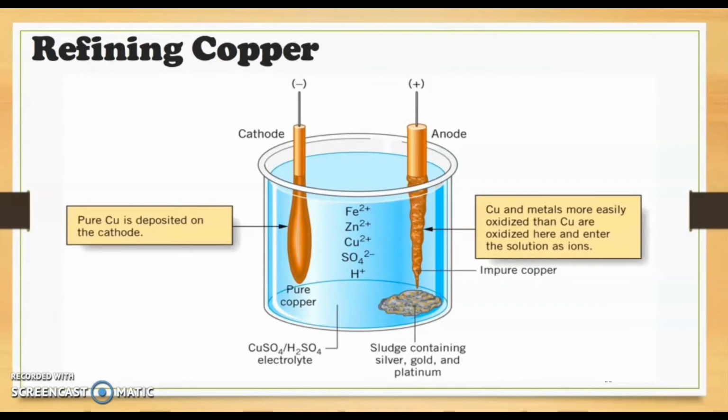So this is the refining of copper. Look at cathode. Pure copper is deposited on the cathode, and for anode, copper and metals more easily oxidized than copper are oxidized here and enter the solution as ions. This is the impure copper. This is the sludge containing silver, gold, and platinum. And this is the electrolyte, copper sulfate.